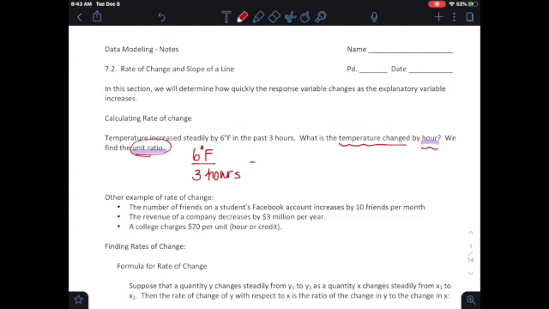That means I need to reduce it, and that becomes 2 degrees Fahrenheit over 1 hour. And that is a unit rate, because that's 1 hour in the denominator. So the temperature change by the hour would be 2 degrees per hour. That's what we say. 2 degrees per hour.